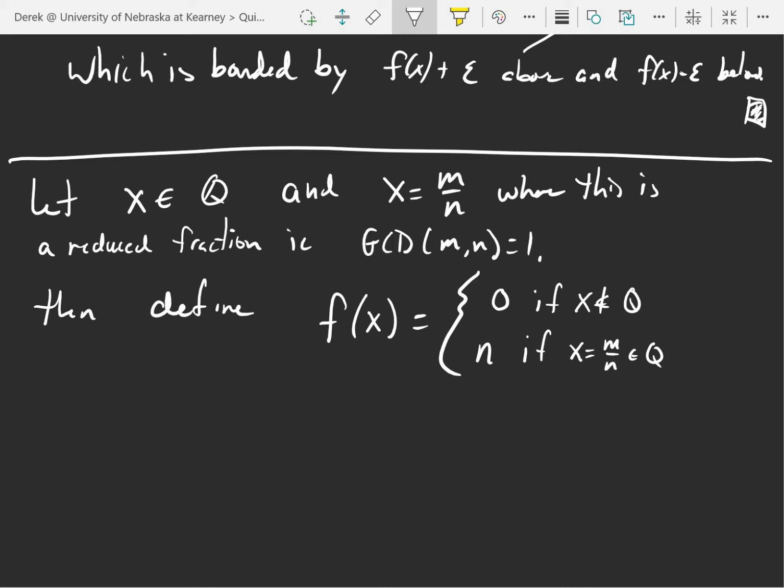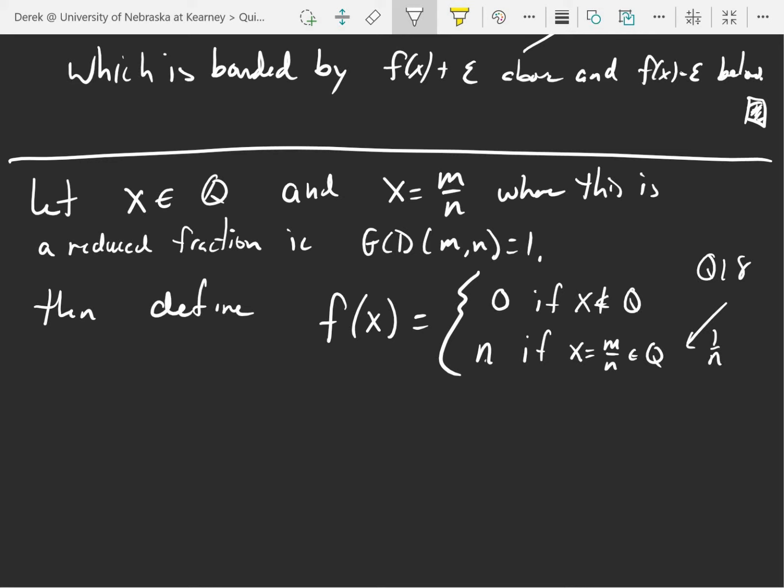Okay, this isn't quite the same as the ruler function from question 18. What the ruler function did, in question 18, was 1 over n. We're going to make it n, so it gets really big.